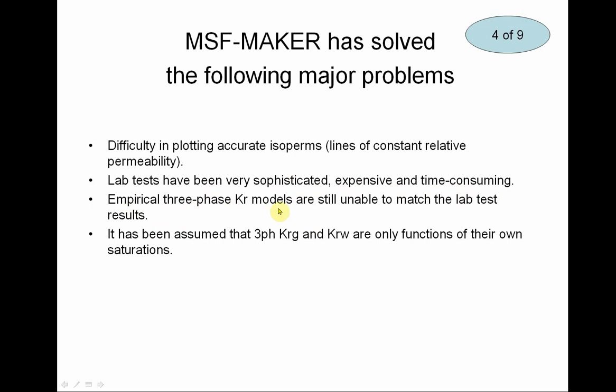Empirical three-phase KR models are still unable to match the lab test results, and it has been assumed that three-phase KRG and KRW are only functions of their own saturation. With this software, these difficulties and assumptions have been lifted.